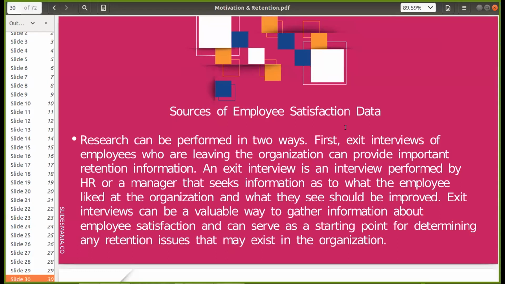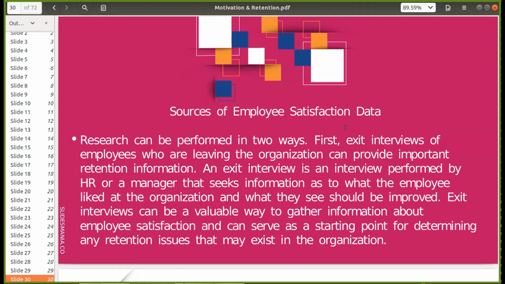Okay? So I have experienced this exit interview in my last company where I worked. When I resigned, they conducted an exit interview with me, and asked information about the company, ano ba yung nagustuhan ko, ano yung mga ayaw ko, kamusta yung relationship with the managers.